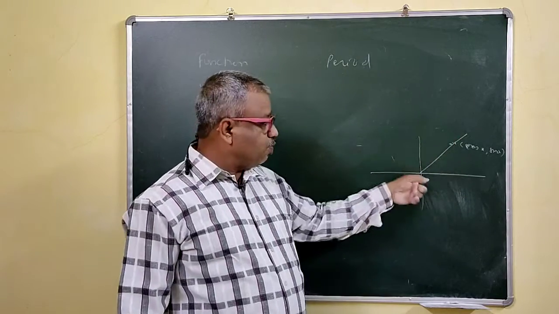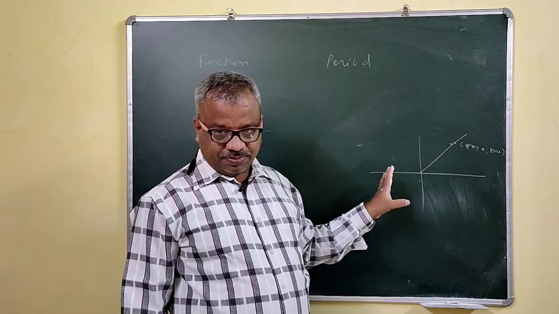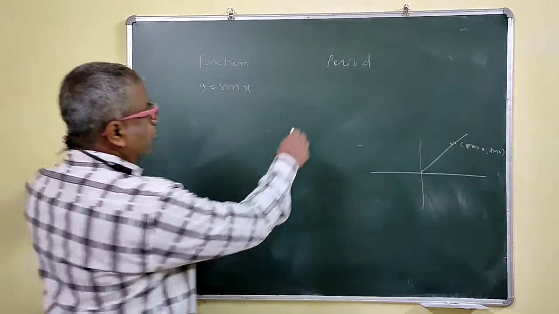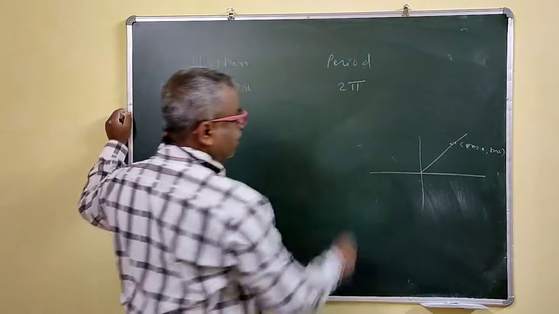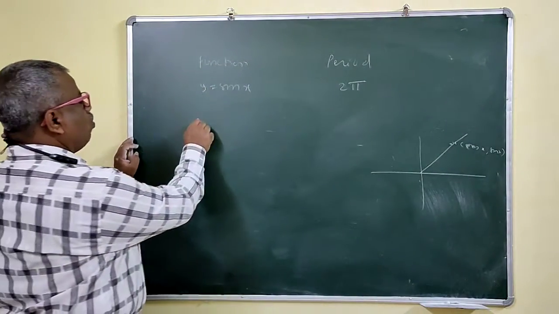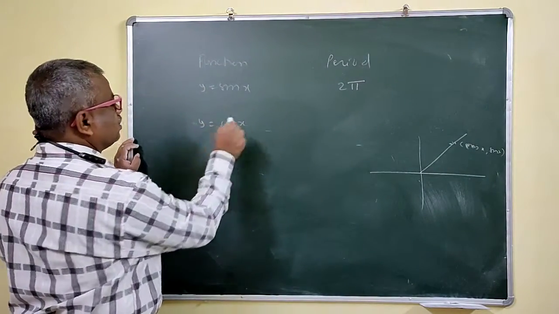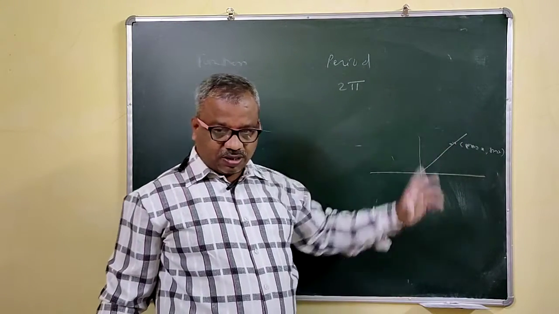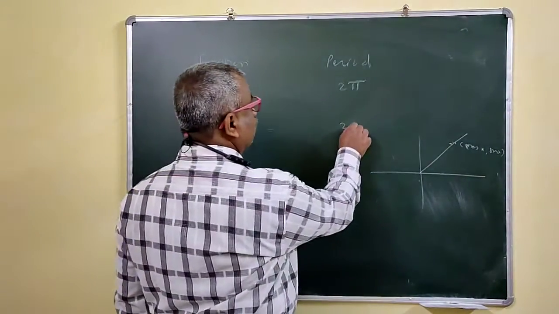If you are here, then it will not be the same. So the period of the function is 2 pi. Now y is equal to cos x. The same thing for cos x also, so this is also 2 pi.